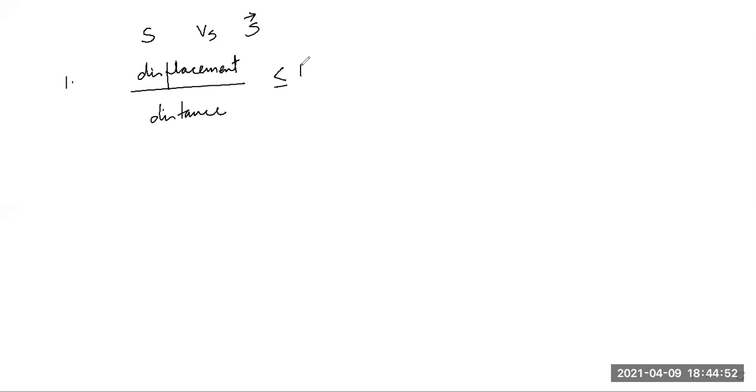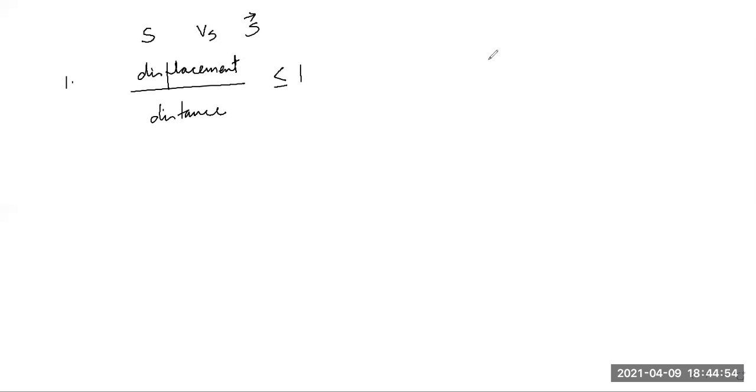Now we will do one more numerical. But first we will find some differences between distance versus displacement. Number one, students, always remember, displacement divided by distance traveled is always less than or equal to 1.